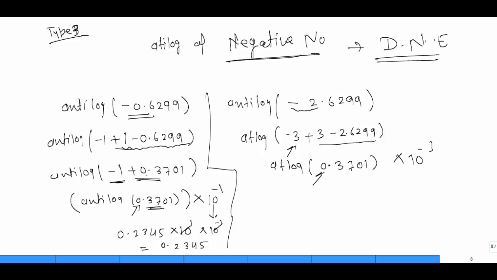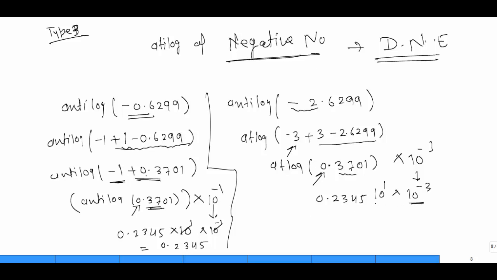See, what is the character here? The character is 0, which means multiplied by 10 raised to the power 1, and this stays as it is, multiplied by 10 raised to the power minus 3. What is the main value? 0.37. So in the antilog table, 0.37, as we did, ditto the same, you get the value 0.2345.